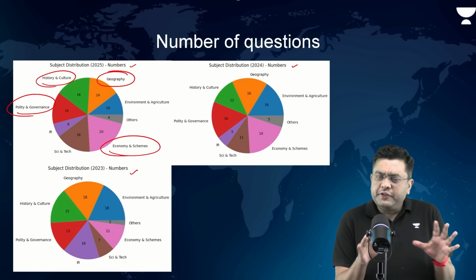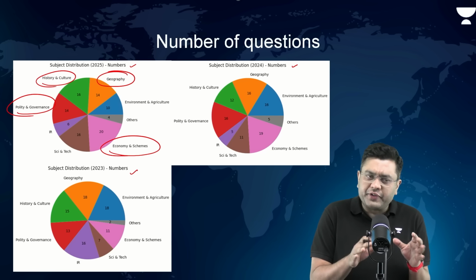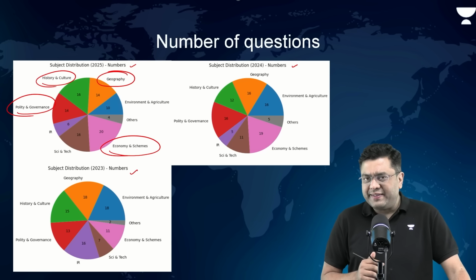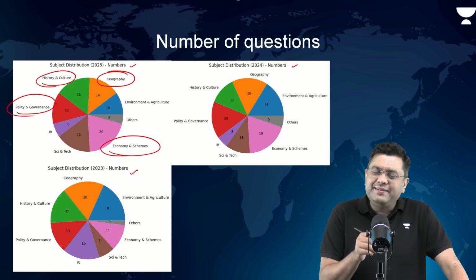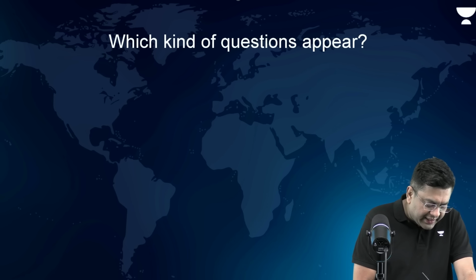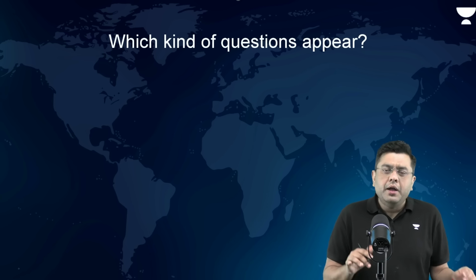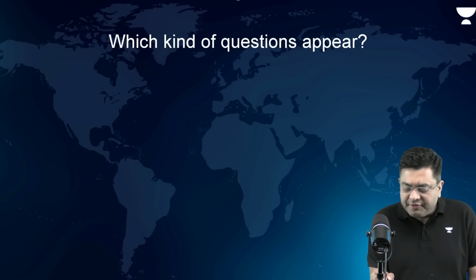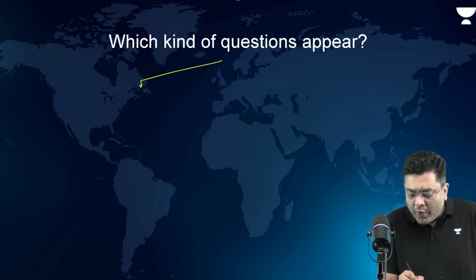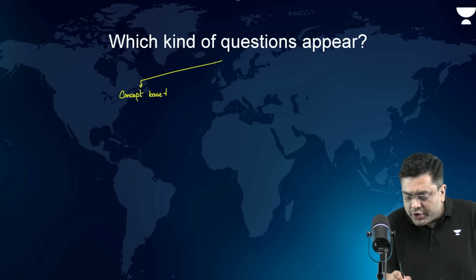Now, this is about the division of the questions per subject, and we will come back to it once again. But if you analyze the type of questions asked in the prelims paper, broadly, it can be classified into three types. One is conceptual, basic concept based questions.